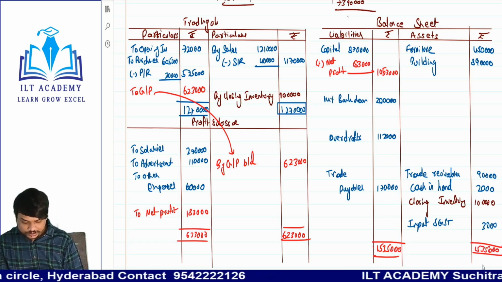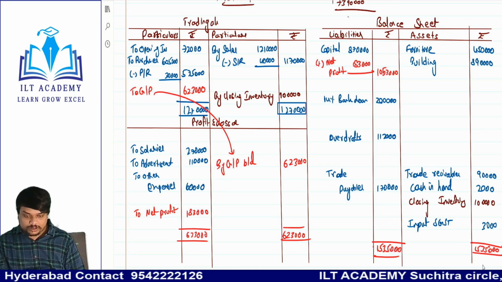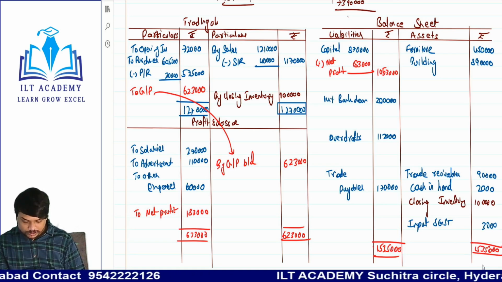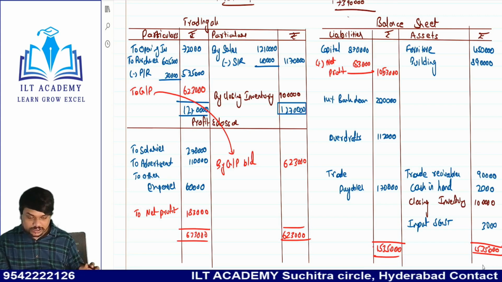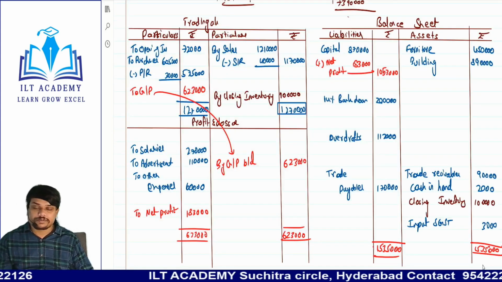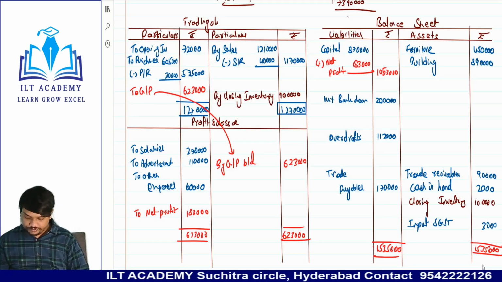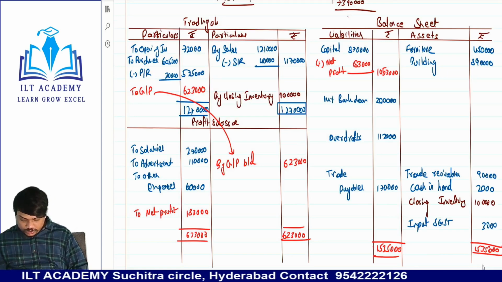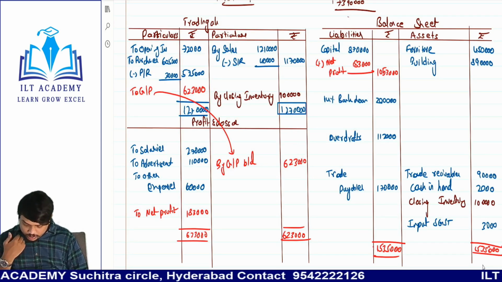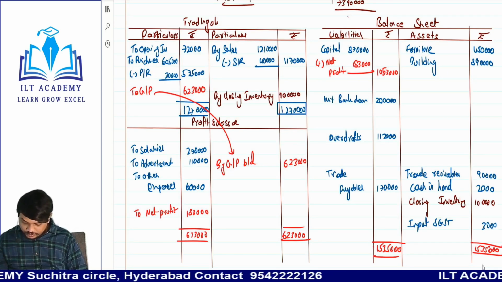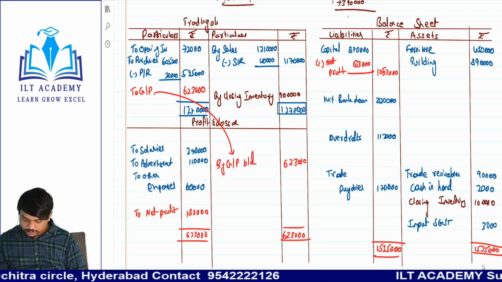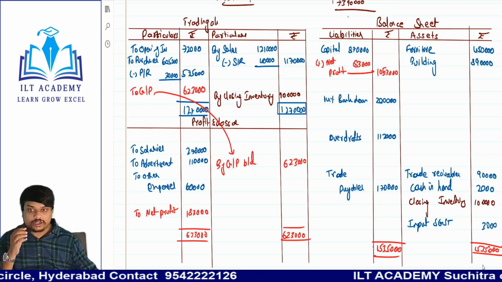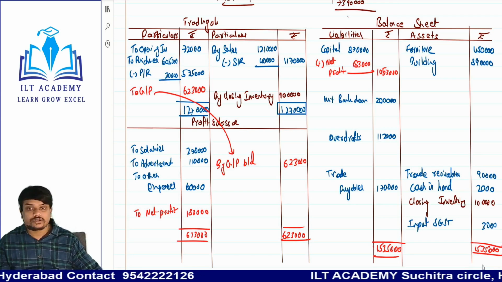Go check it. 8 lakh plus 90,000 plus 2,13,000 is 15,35,000. That's it. Got it. Just note down.